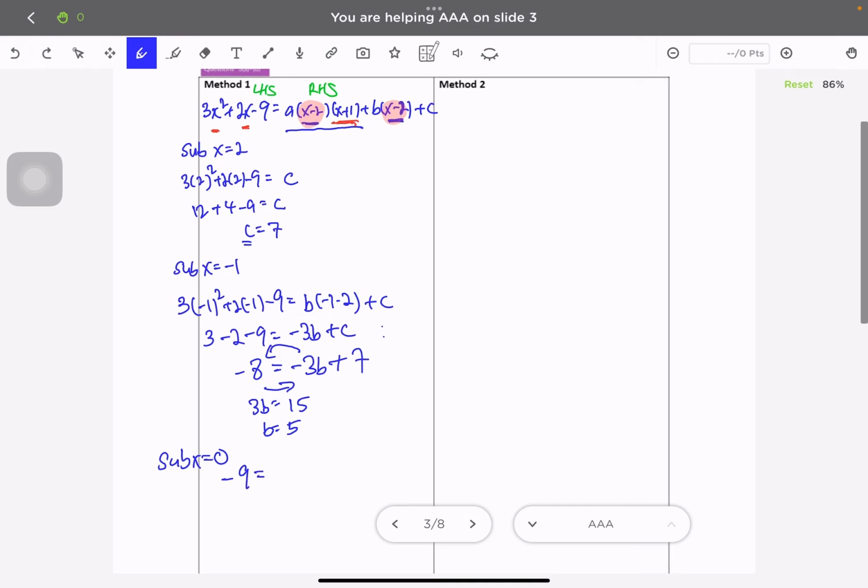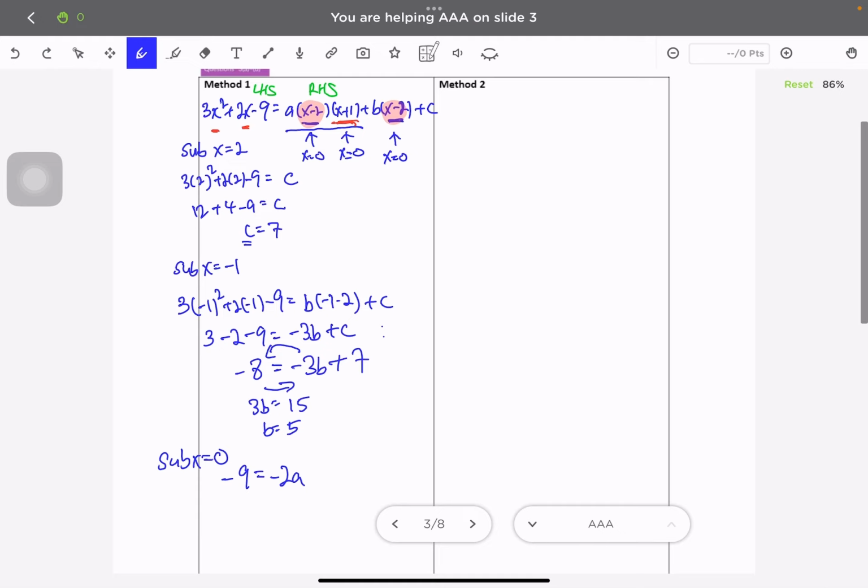The right hand side will be: when I substitute 0 into this part here, x equals to 0, I am left with negative 2. If I sub x equals to 0 here, this will be 1. So negative 2 multiplied by 1 will be negative 2, so it will become negative 2a. If I substitute x equals to 0 here, 0 minus 2 will be minus 2.